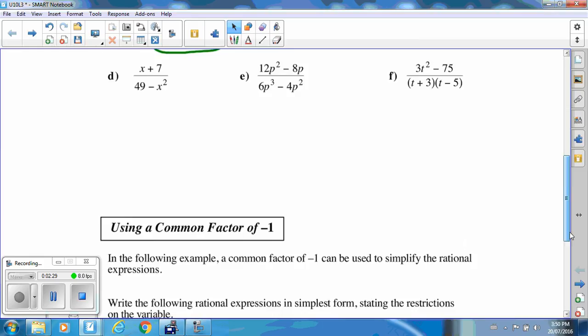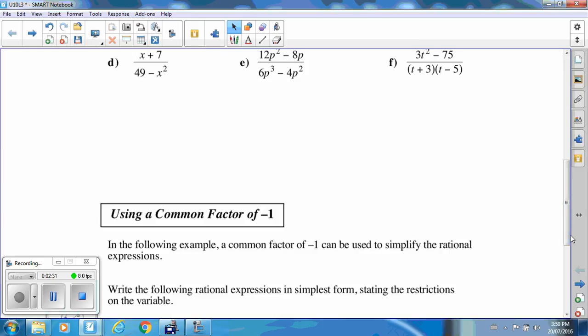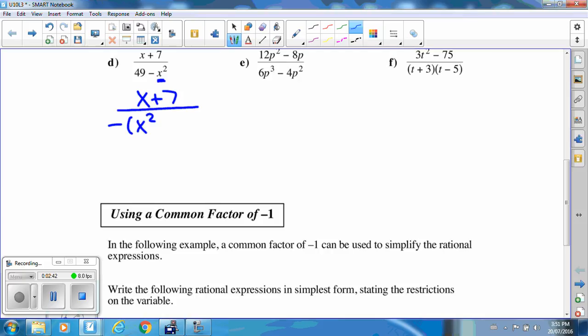When you see things like this one that have a -1 out front, what I'm going to do is first always make this thing positive. So I'm going to make this x plus 7 over negative x squared minus 49. I could have seen this as a difference of squares here too, but I'm likely to have trouble seeing the overall. This is now going to be x plus 7 over negative x minus 7, x plus 7.